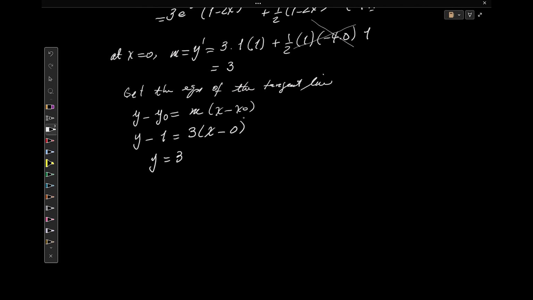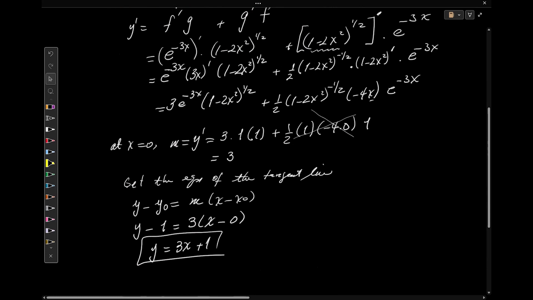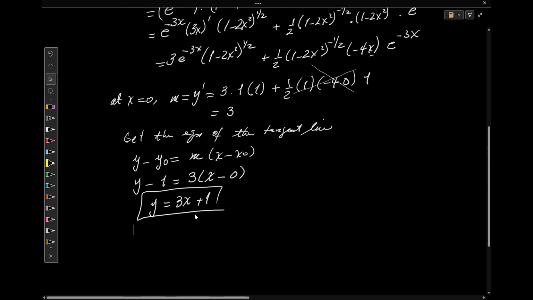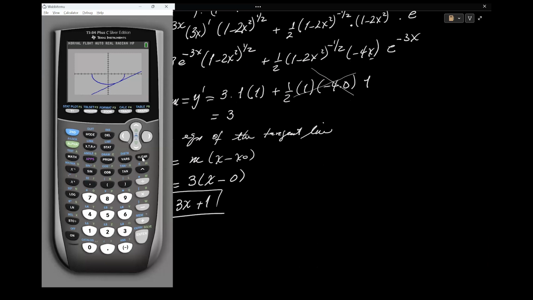So y equals 3x plus 1. Is this the equation of my tangent line at x equals 0? I don't know, unless I go back and double check my math. This could be a mistake here. So now it's calculator time. And with the calculator, we can double check. If I made a mistake, I'll find it and I'll go back and fix it.